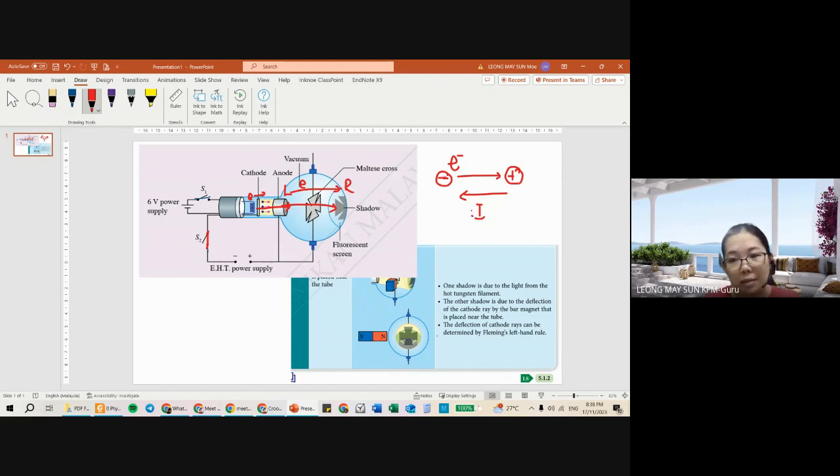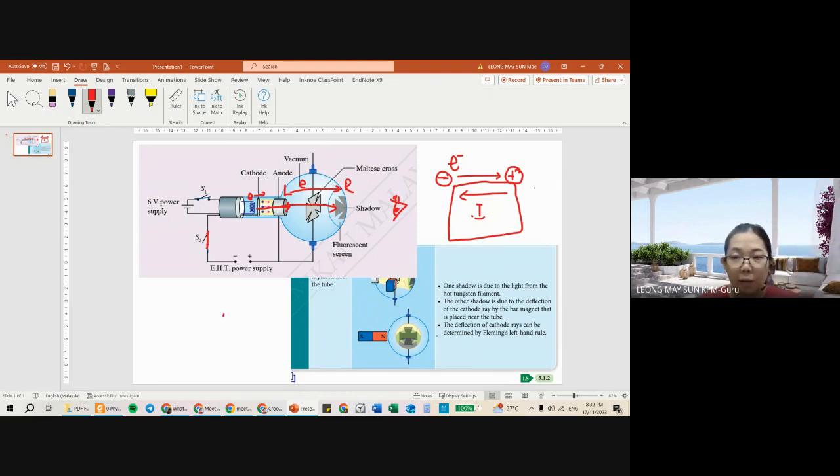The next thing is they brought a magnet bar close to the fluorescent screen. If I were to draw the view from the front of the tube, I'm going to focus on the current. This is electromagnetism, chapter 4.